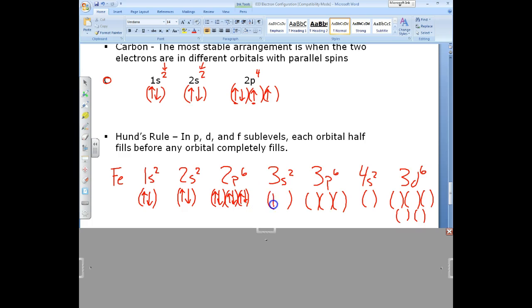Now at 3s2, first one's up, second one's down. 3p6, first one's up, second one's up, third one's up, and then 3 down arrows, because of Hund's rule. 4s2, 1 up, 1 down, and then we get to 3d6, it is going to be 5 up arrows in a row, and then 1 down arrow in this first one to give me 6 electrons. The number of arrows must match the number that you have right there in all of them. All right, that's it for orbital diagrams.